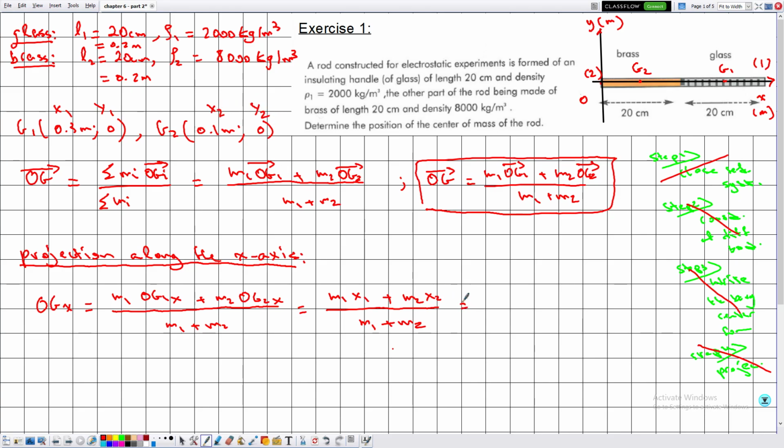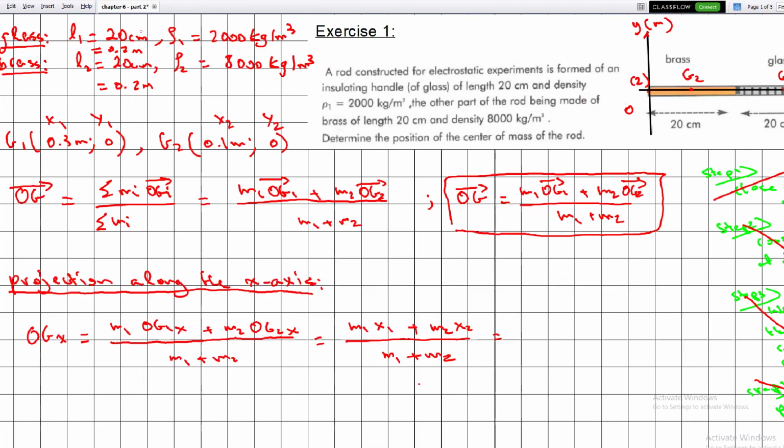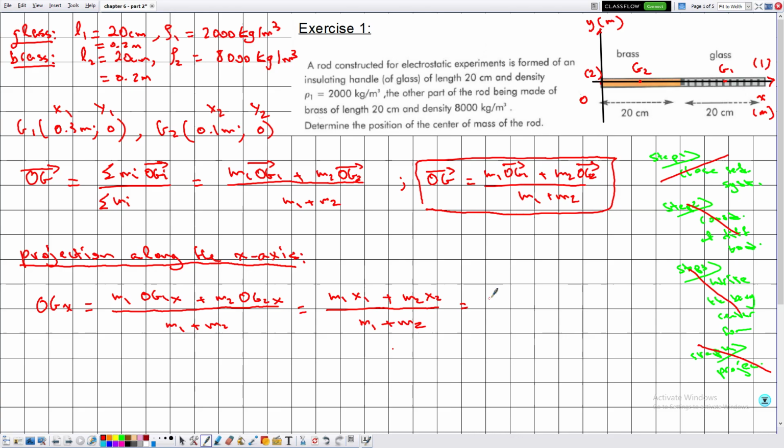So now in this case, notice that we don't know the values of M1 and M2, but we know the values of the densities. However, let me proceed now and say that the value of x1 is given by 0.3 and the value of x2 is given by 0.1, divided by M1 plus M2.